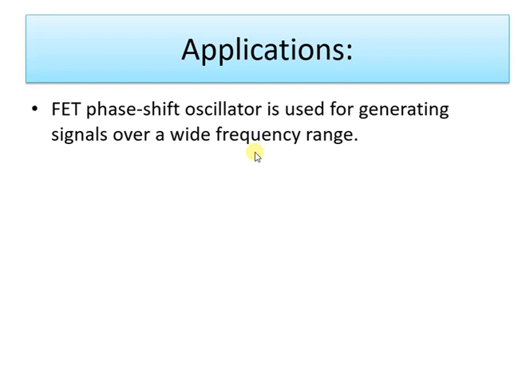Similarly, frequency ranges of 200 Hz to 2 kHz, 2 kHz to 20 kHz, and 20 kHz to 200 kHz can be obtained by using the other set of resistors. So mainly it is possible to generate signals over a wide frequency range.